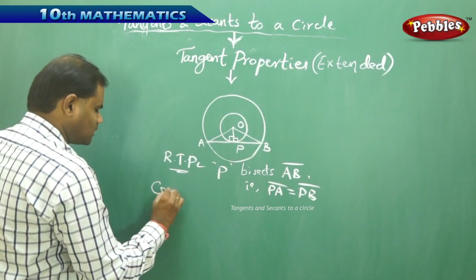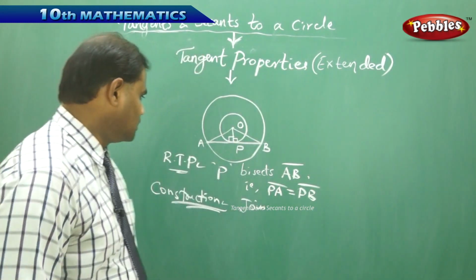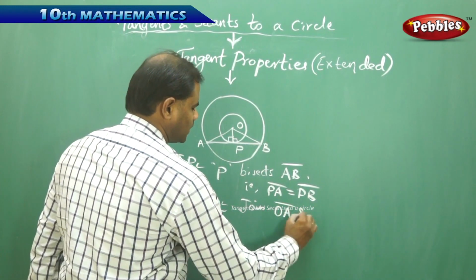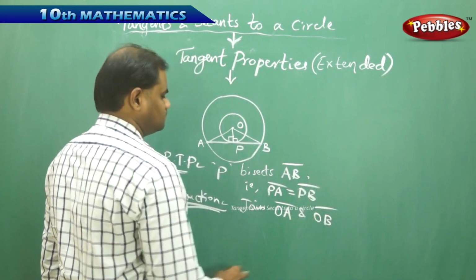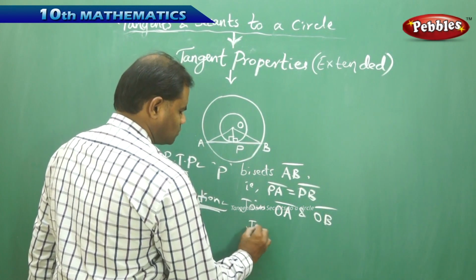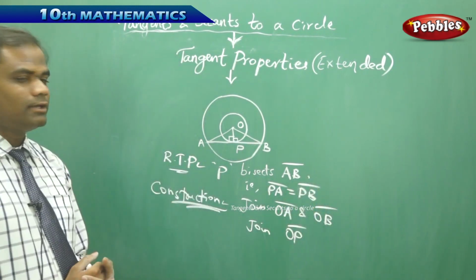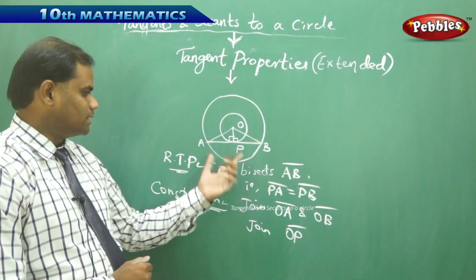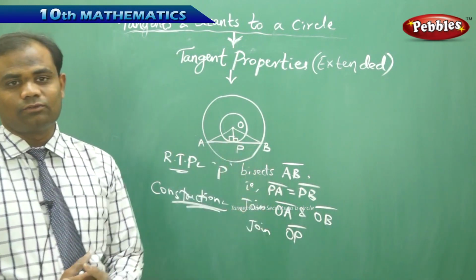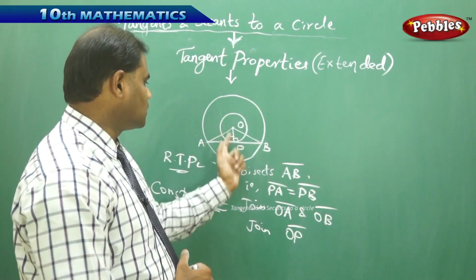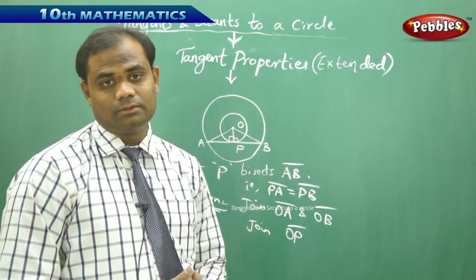So here the construction is, I join OA and OB. Also I join OP. Now in this case, what is required to prove is PA equal to PB. Therefore, let's see how we can prove this using the two triangles AOP and BOP.